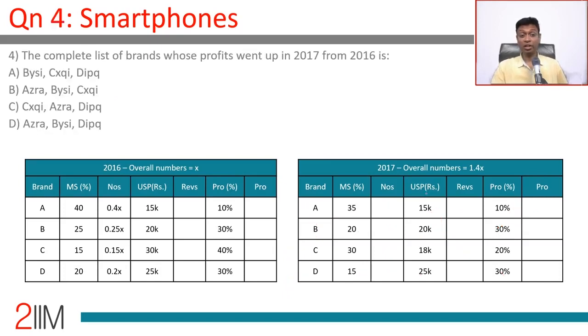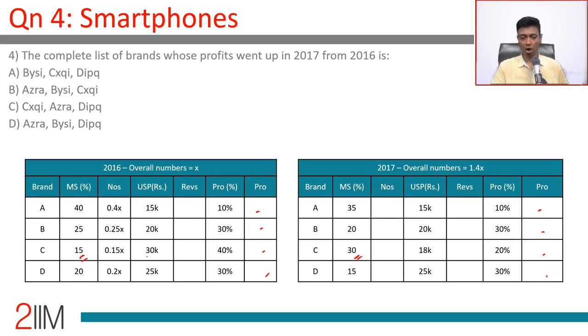The complete list of brands whose profits went up in 2017 from 2016 is, now we have to find the actual profits here, here, here, here, and actual profits here, here, here, here, and then compare. And that's going to be time consuming. I'm just going to see if there is a shorter way, juicier way. And so think about this. Here the market share of C doubles.